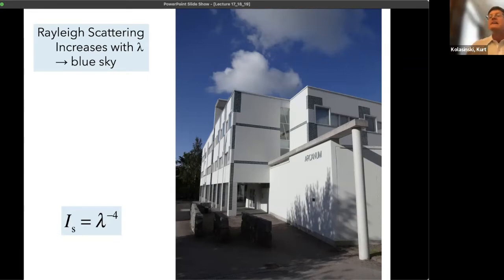Bluer light is more likely to scatter than red light. And that's actually what leads to the blue that we see in the sky. Light that should be passing by because it's missing the Earth, but it's hitting the upper atmosphere, gets scattered by the atmosphere, and the blue light gets scattered to a bigger angle and to a larger degree, and therefore that's why we see blue from the sky.